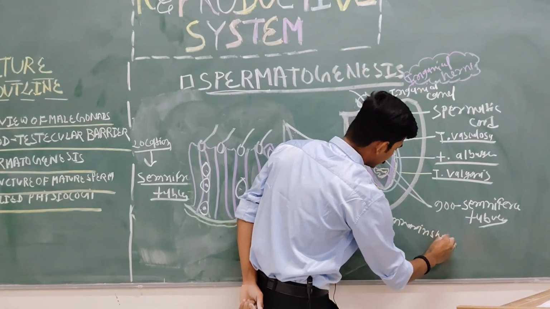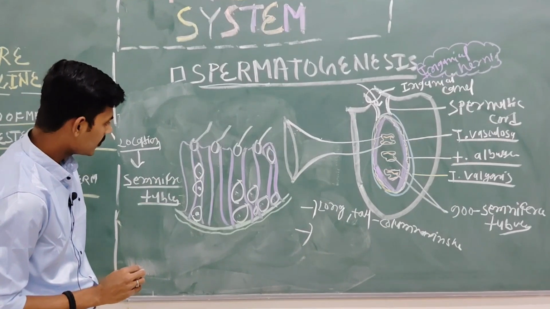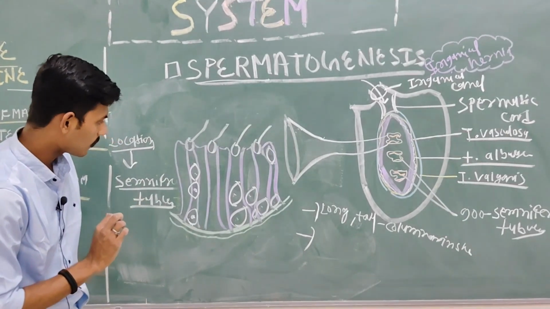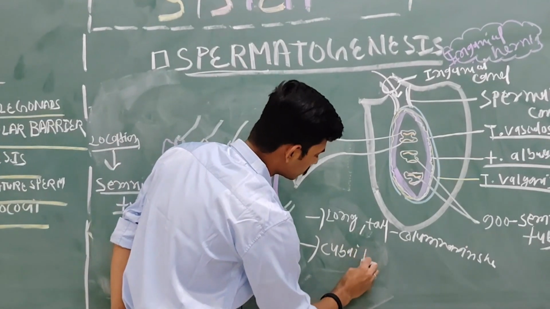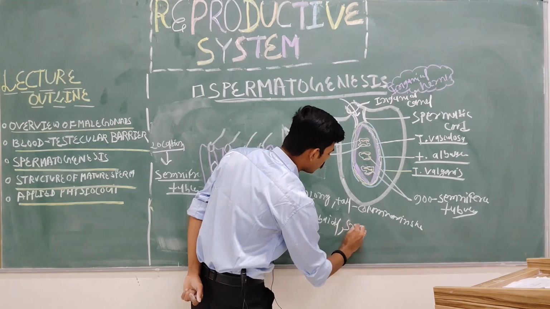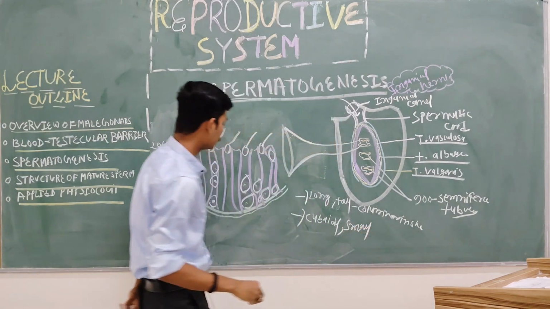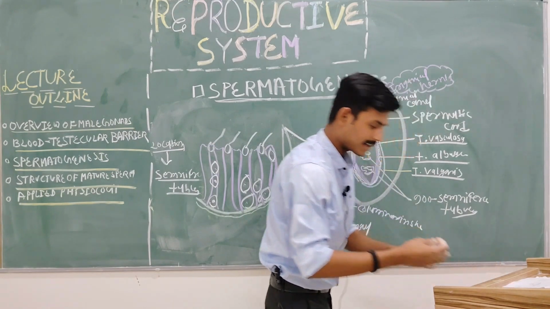Another, as we see in this diagram, is a round cell, more specifically cuboidal in shape, and it is relatively small.